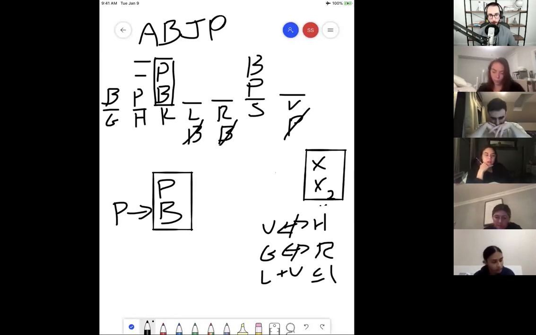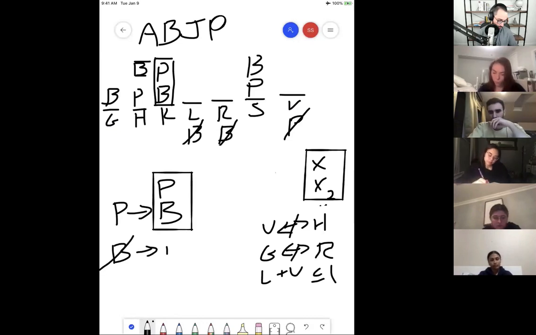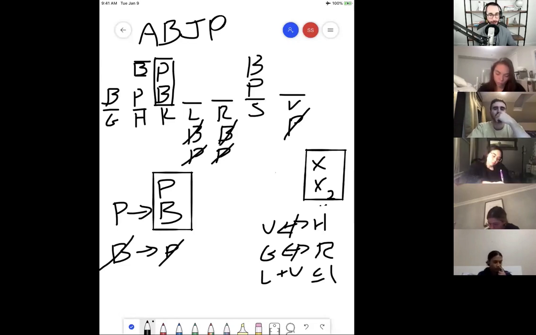And H, Hanuman, has P, therefore it must also have B as well. So starting to build. We can also do the contrapositive. If we do not have B, then we're not going to have P. So L and R both do not have B, therefore they will not have P either. Any column where we do not have B, we also will not have P.